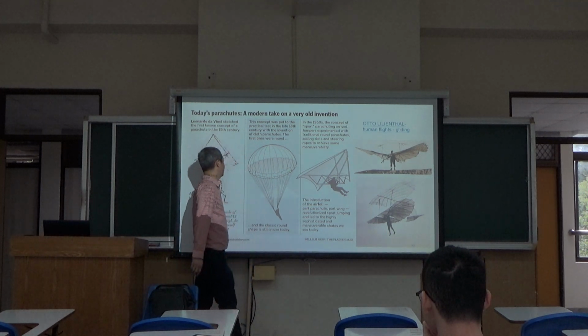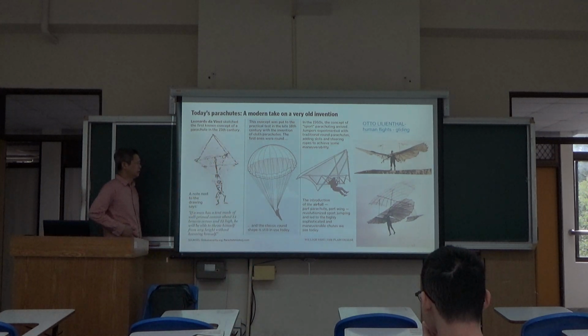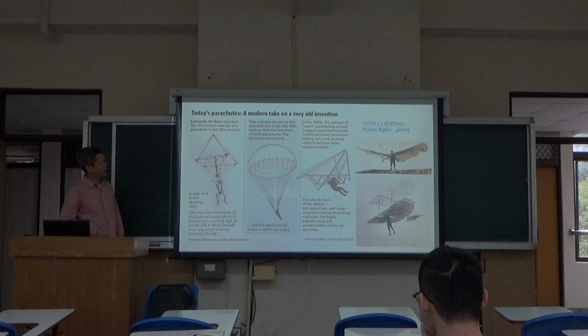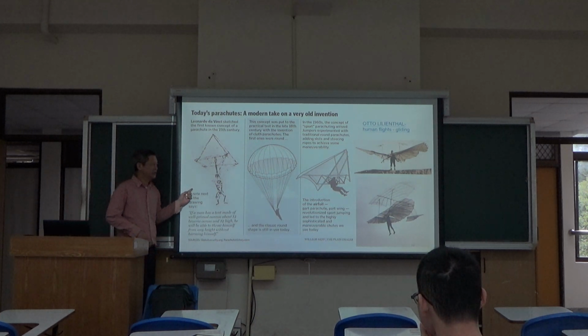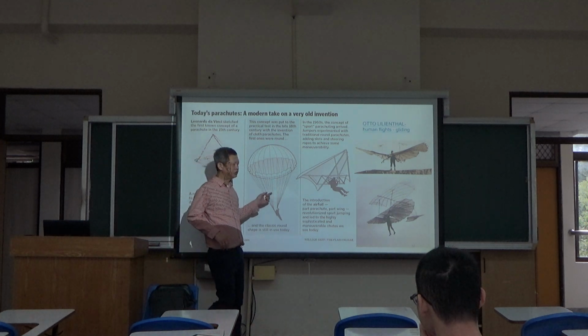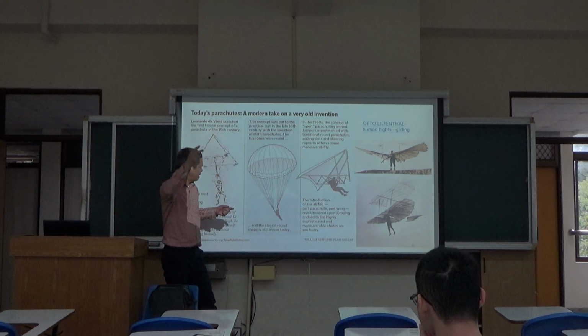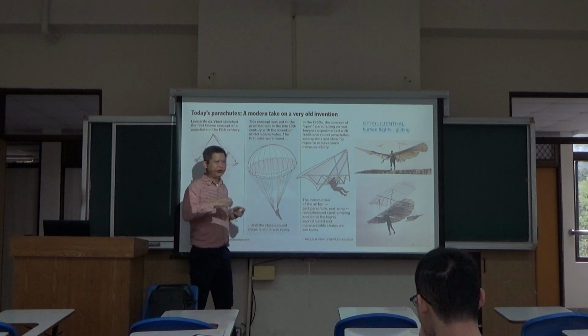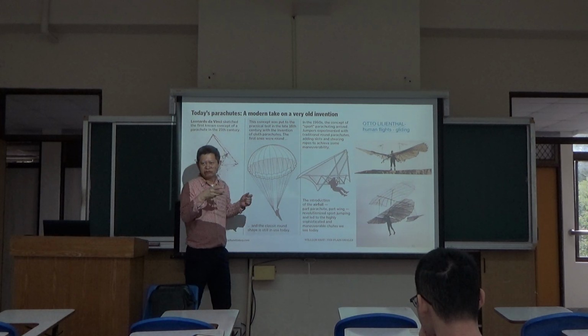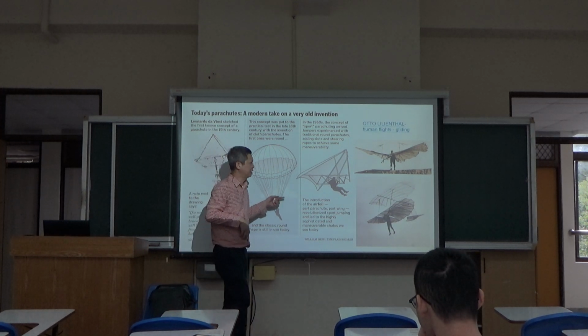What can really carry man is indeed the kite, at the beginning. Da Vinci drew a parachute, but parachute is too dangerous. You do have a free fall. You need to reach one terminal speed before the drag force is enough to support your weight.